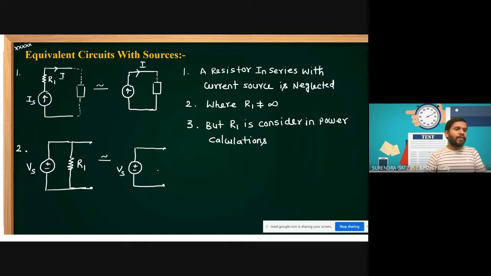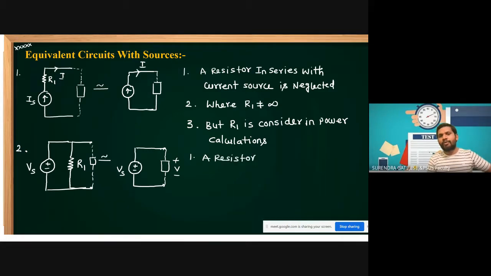If I am connecting some load here, then across this load, even though a resistance is connected, what is the voltage, friends? Let this be Vs only. That means a resistor in parallel with an ideal voltage source, the resistor is neglected.